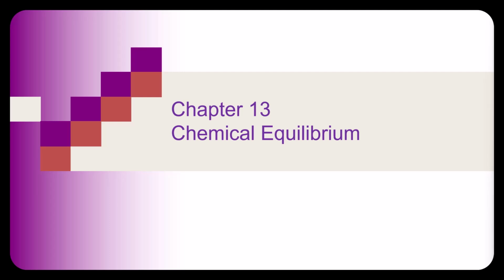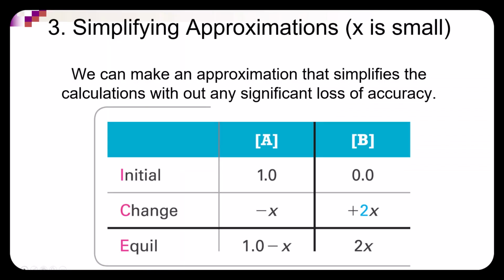And then we'll dive into an example together. A simplifying approximation is going to take out the quadratic nature of these equations by eliminating one portion of the equation. We can make an approximation that simplifies the calculations without any significant loss of accuracy.